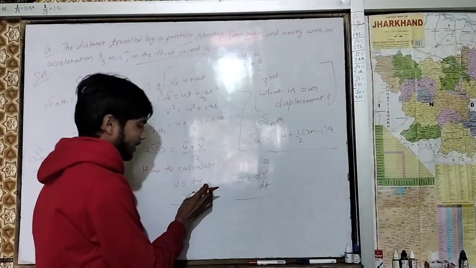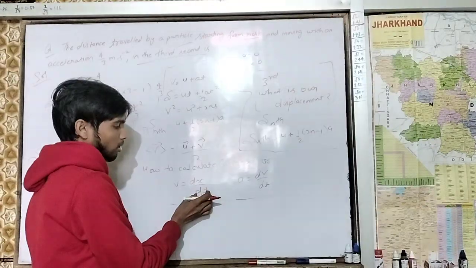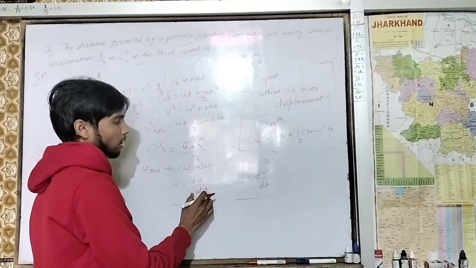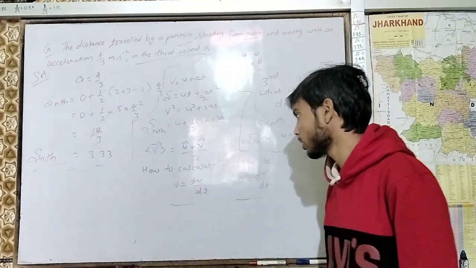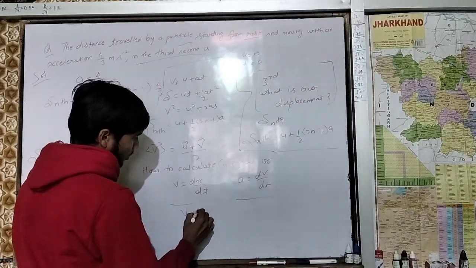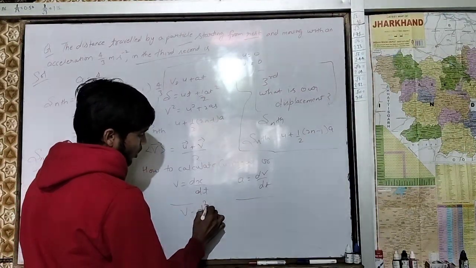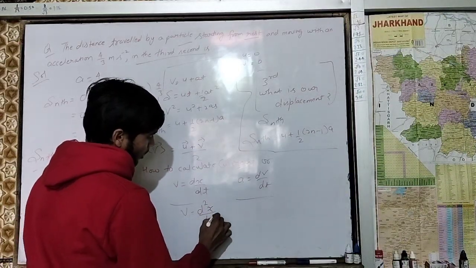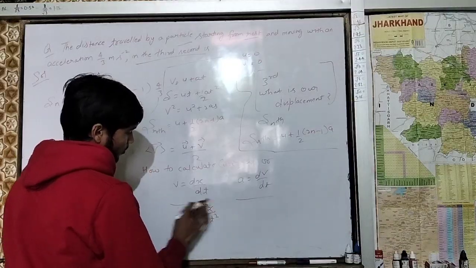If you do double differentiation, then you will come to the acceleration. Double means a is equal to d square x upon dt square. This is equal to acceleration.